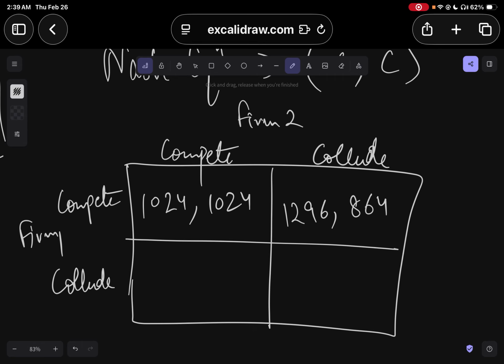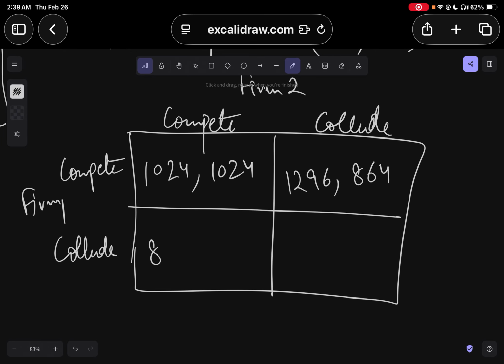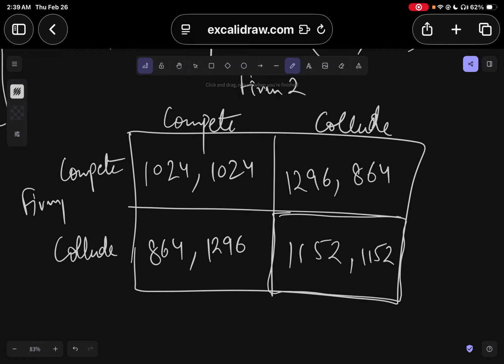Now, here we will have two Nash strategies basically. But let's complete the payoff matrix first. If firm 1 goes for collusion and firm 2 goes for competition, then the opposite will happen. And if both of them collude, then they will get the major share, and both of them are winning in this case.